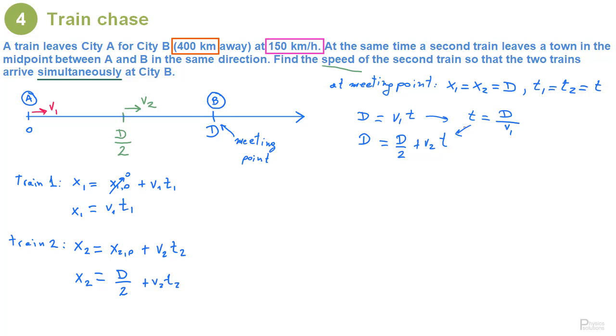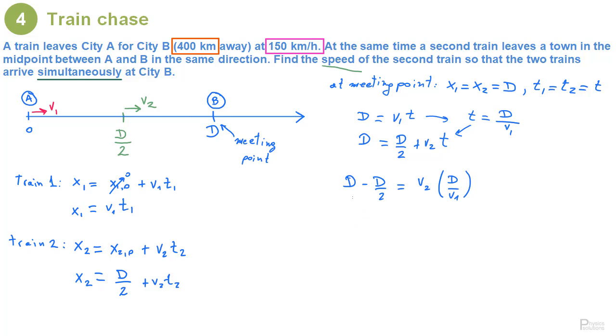I will replace whatever I see as t by d divided by v1. I will pass this d divided by 2 to the other side, so I get d minus d divided by 2 is the same as v2 times t, which, as we just said, will be replaced by d divided by v1.